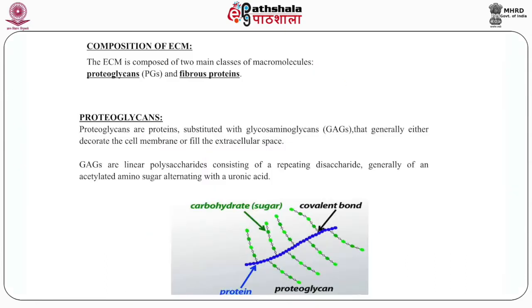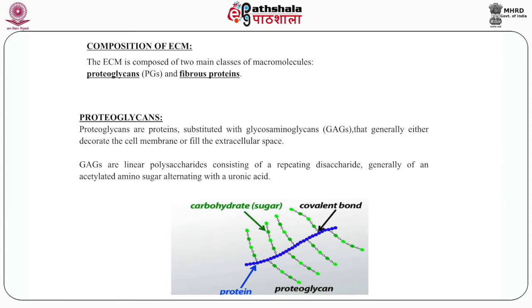Now, the next step is to understand the composition of ECM. The ECM is composed of two main classes of macromolecules. One is the proteoglycans and the second is the fibrous proteins.